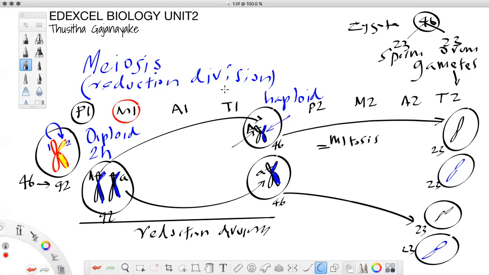Before I close this slide, just to summarize a few things that happen in all stages. If you remember mitosis, at the end of the interphase the chromosomes become condensed at prophase. Then the chromosomes are visible, and the nuclear envelope and nucleolus start to disappear. By the end of prophase, the nuclear envelope is not visible, the nucleolus is not visible, and the centrioles start to form the spindles.